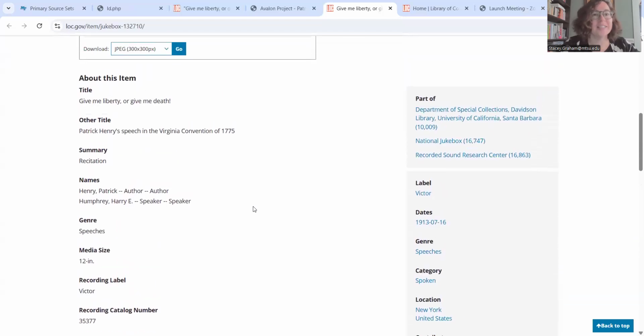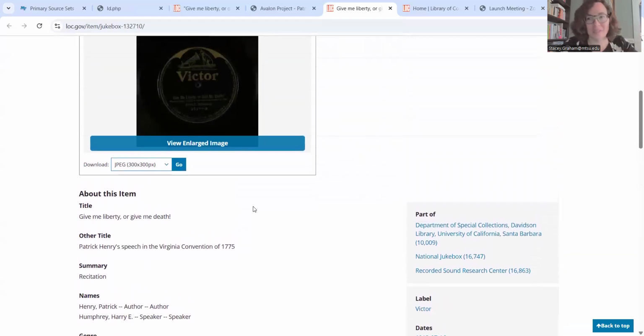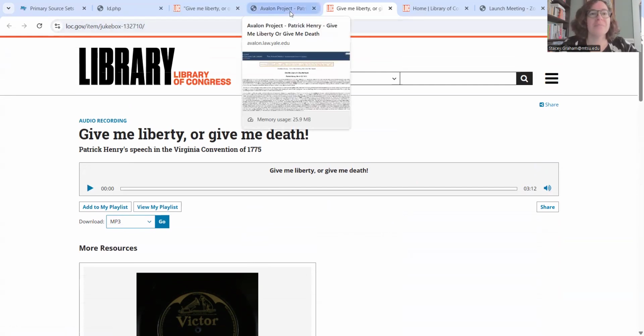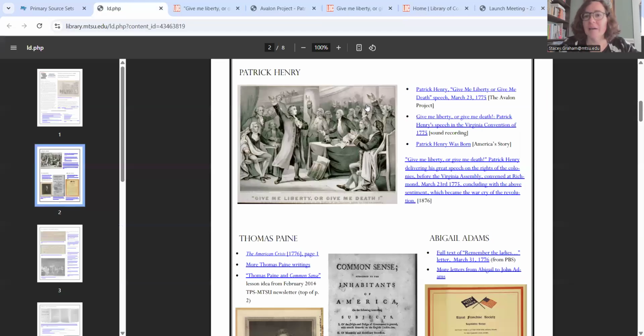And so this is somebody reading his speech in the early 20th century. So this is more a primary source for the growing technology of sound recording equipment, and again, how it was remembered in time. So we haven't really gotten to a primary source yet.